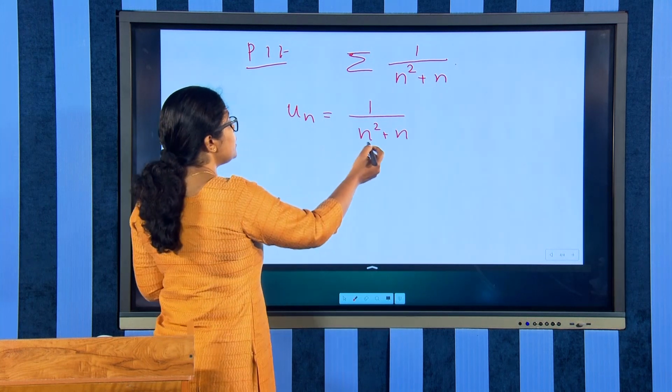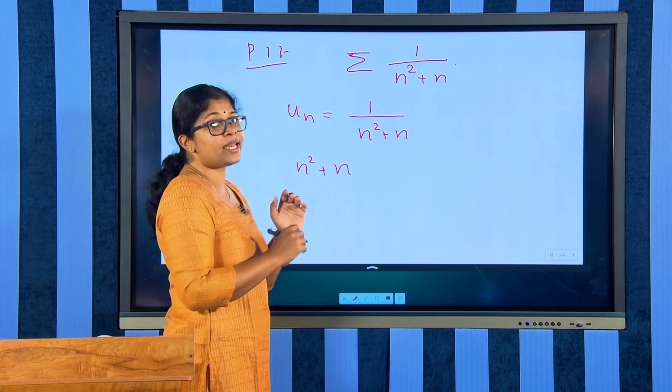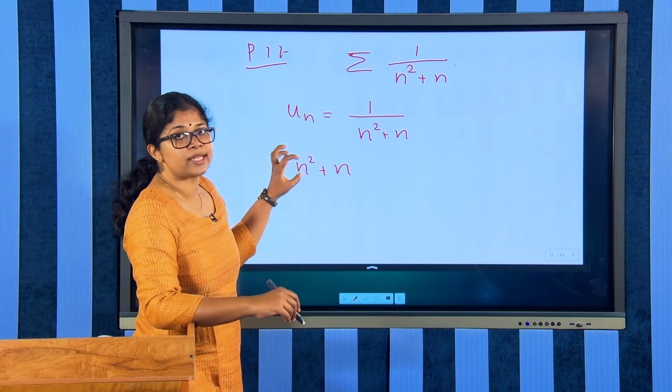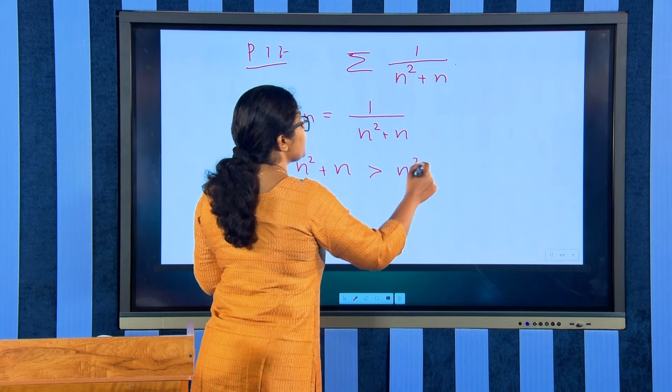Here the denominator is n square plus n, where n is a natural number. Whenever this natural number is added to n square, this is definitely greater than n square.